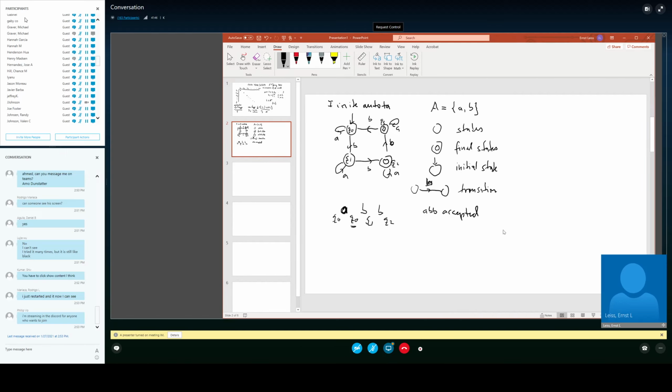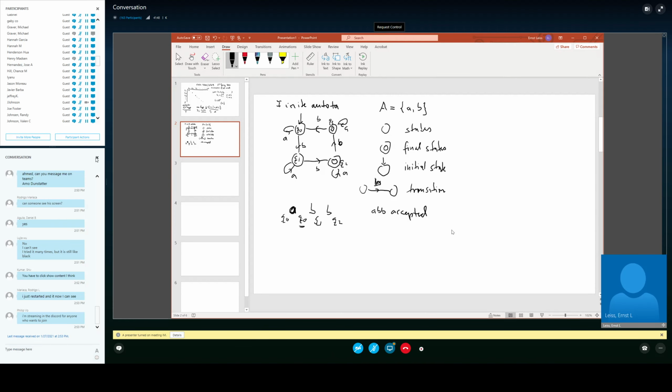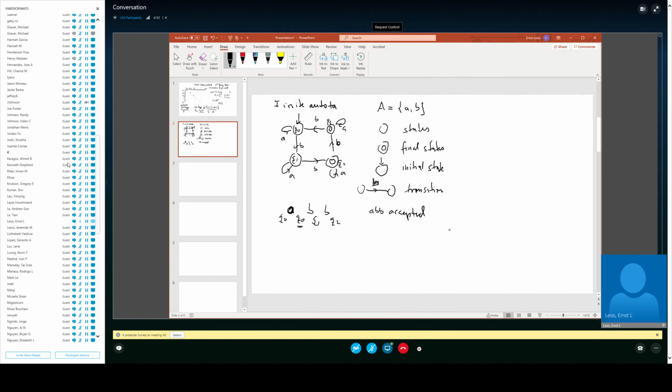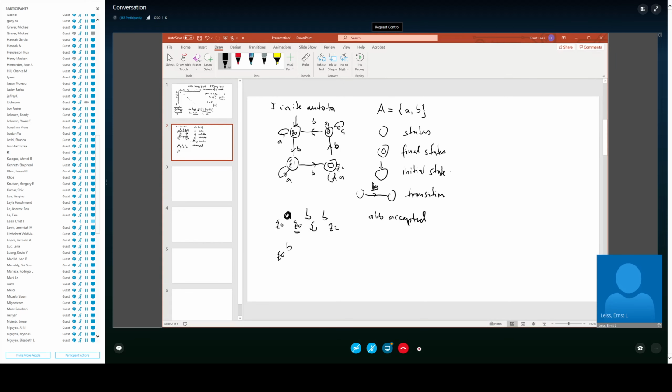Okay, let's take another word. Let's take B, B, B, B. We always start in the initial state. There is only one, so there's no ambiguity. Then a B gets us to Q1, another B gets us to Q2, another B gets us to Q3, another B gets us to Q0.